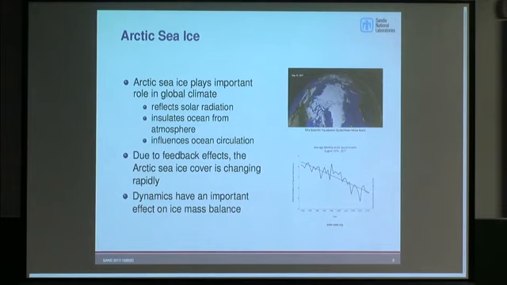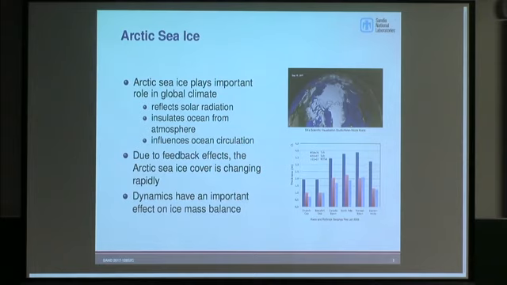In the plot at the bottom is summer ice concentration going from 1970 to 2017. You can see there's a sharp loss in ice concentration, somewhat less of a sharp loss in the winter, but still a decrease. A number of works have also looked at ice volume, and we know we're losing ice volume.